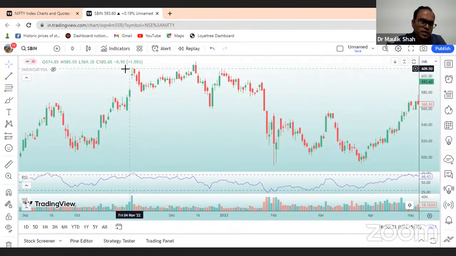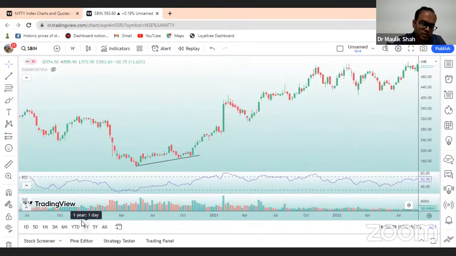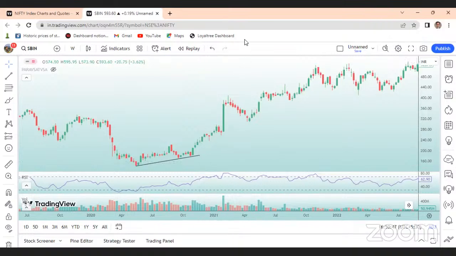This is the tracing on the daily chart, whereas when you click over here, this is the weekly chart, and see what has happened. This is the power of trend line, the technical analysis in trend line. Got it? Going to the next tool.